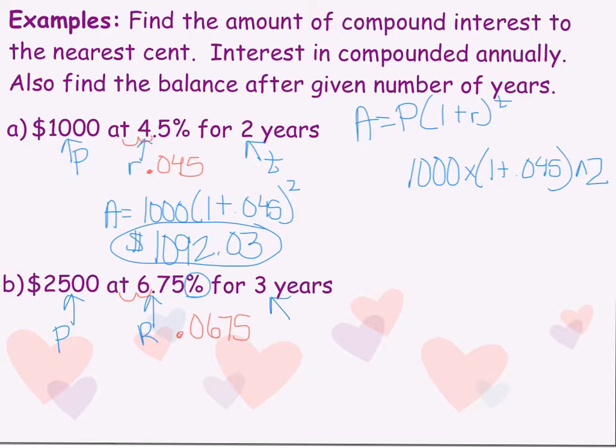And 3 years, years is my time, so that's my T. So plugging in, we have 2,500 (1 plus, and that 1 is always there along with the plus) 0.0675 to the power of 3.